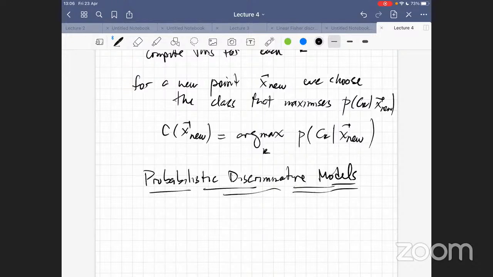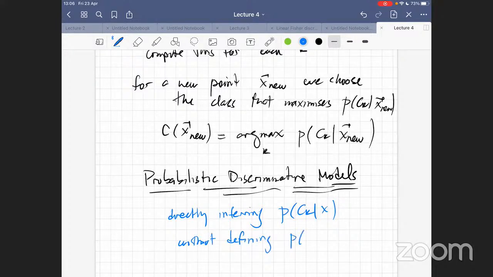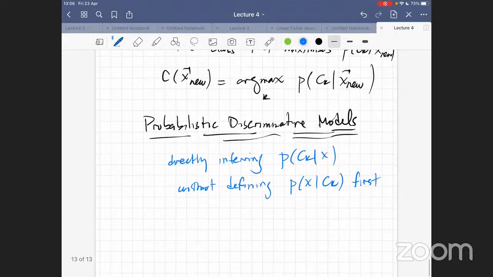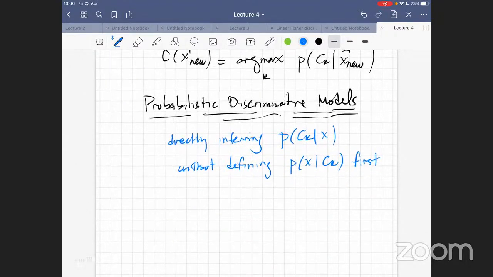This is also a probabilistic approach, but the idea here is going directly from data, directly estimating this object without the need of proposing a likelihood for it.